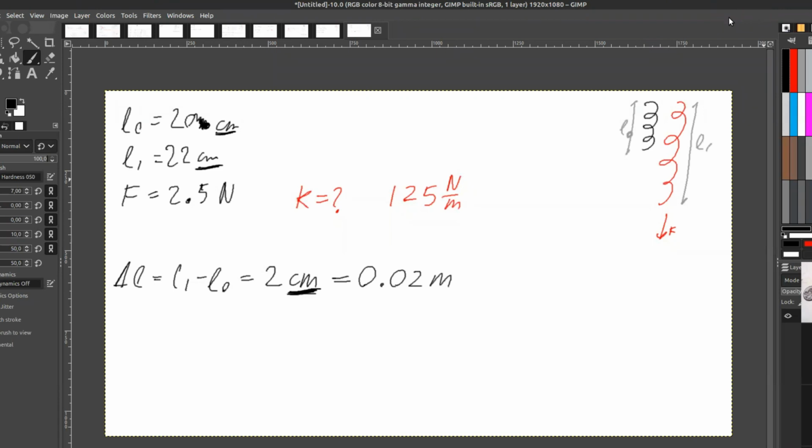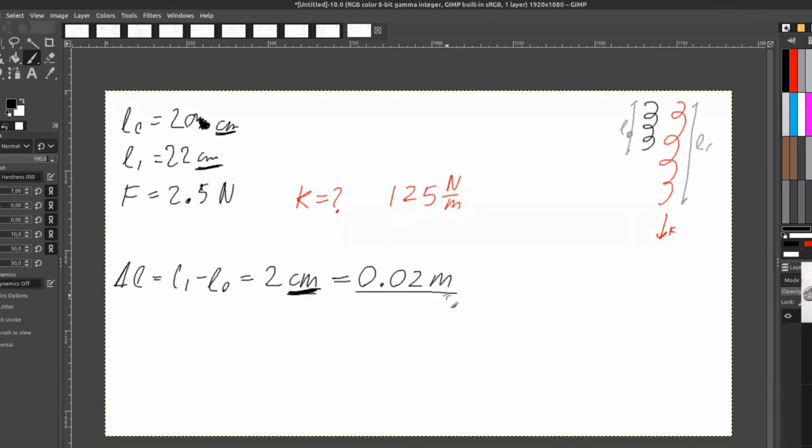Okay, do you want to go on and get K as well? Okay, and we have the F. F is 2.5. So 2.5 divided by 2 is 200 meter.